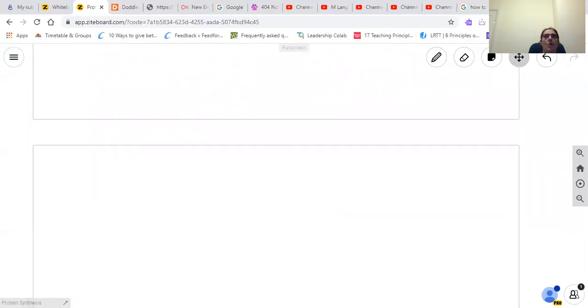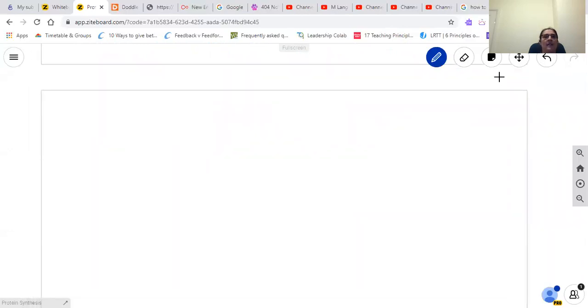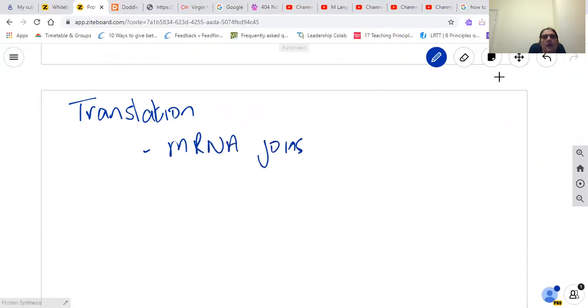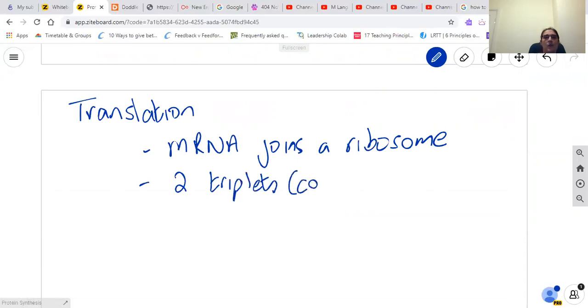So what is happening in the actual process of translation? The first thing that happens is that the messenger RNA joins a ribosome. And when it joins a ribosome, two triplets, or codons as we call them on messenger RNA, are exposed. So what do I mean by that?